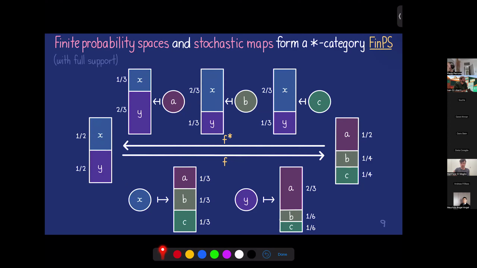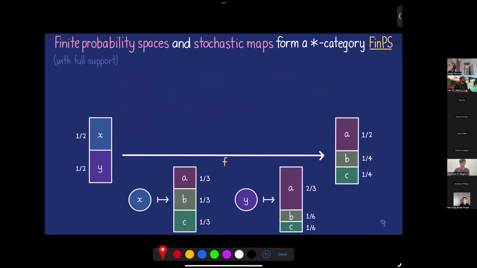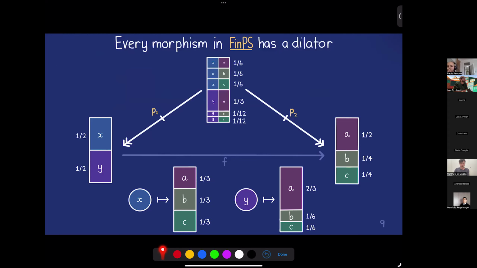So this operation that sends a morphism to its Bayesian inverse satisfies the axioms that make this into a star category. And then the point is that every morphism in the star category has a dilator. So in this case, I'm going to talk about dilators rather than codilators because it's easier to think about co-isometries rather than isometries. So the dilator of F is depicted here.